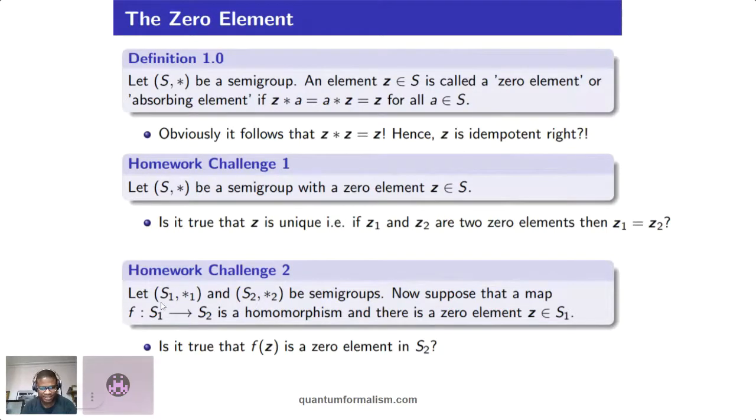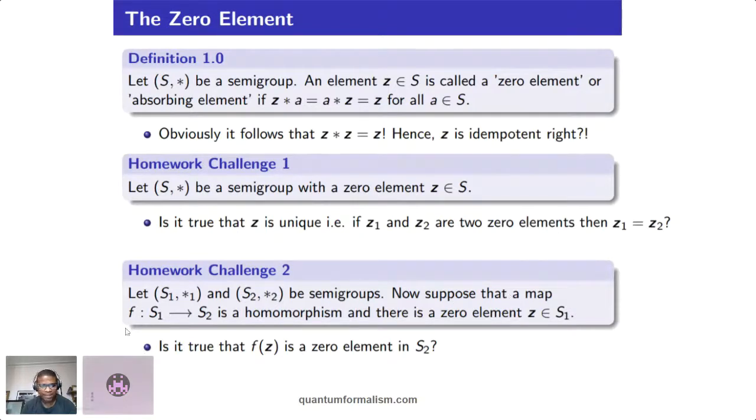So we are assuming, just to make it easy, that (S1, *1) and (S2, *2) are semigroups.